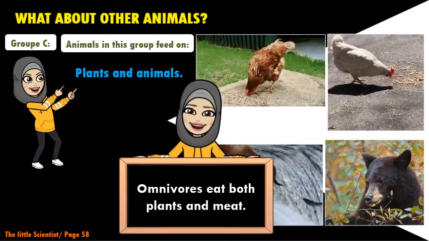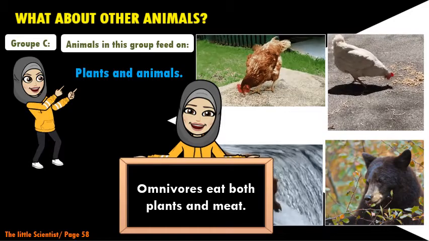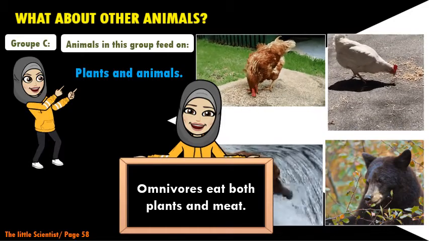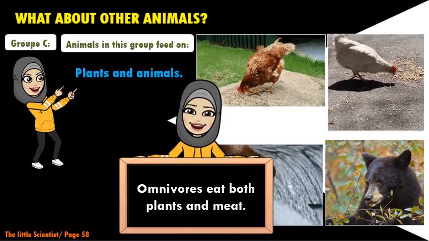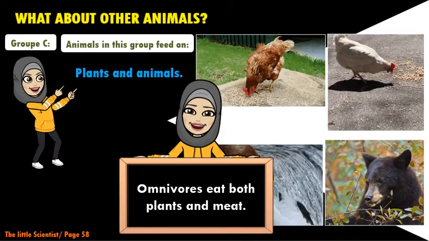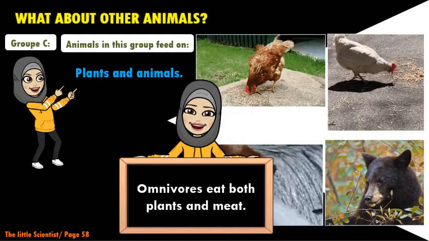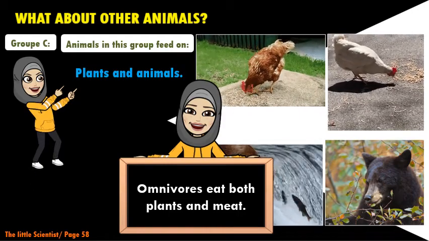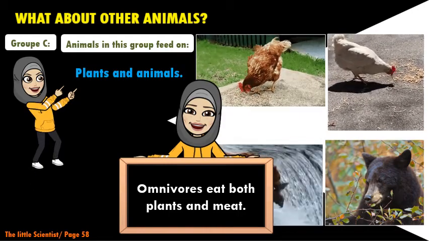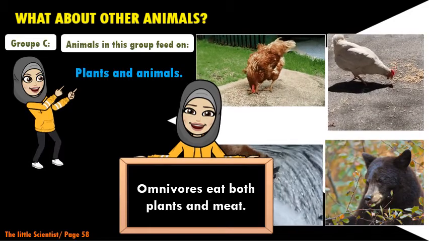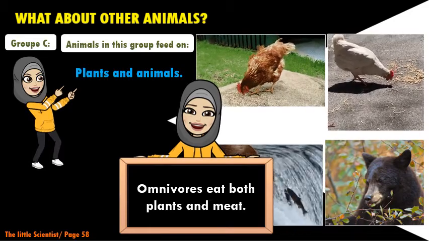Chickens and brown bears are omnivorous animals since they feed on both plants and animals. When the animal eats plants and animals, we consider it as an omnivorous animal.